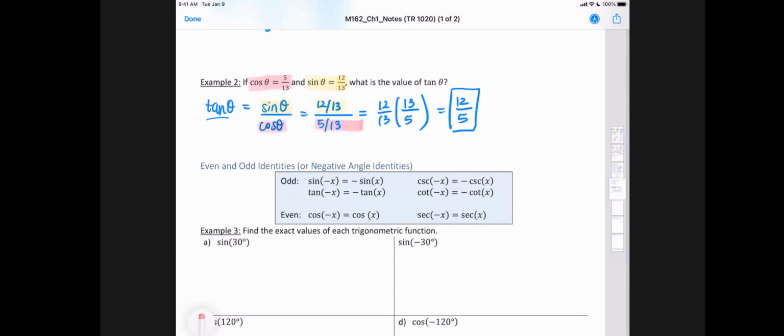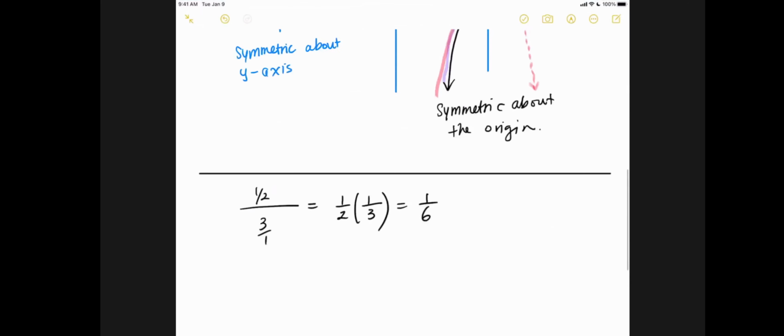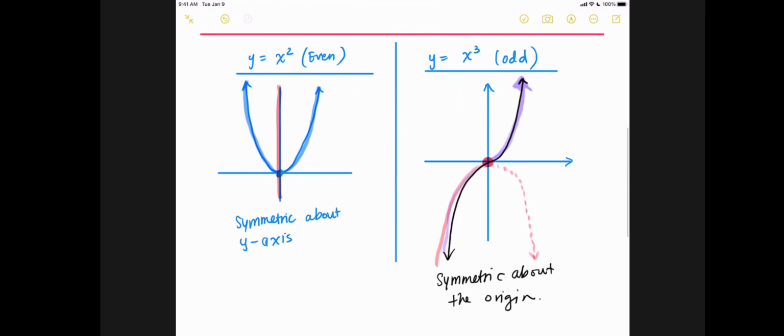these are relating to the even and odd functions that you might have learned, or you should have learned, in college algebra or in a previous algebra class. A little bit of a review here to make a connection: a famous example of an even function is something like y is equal to x squared.